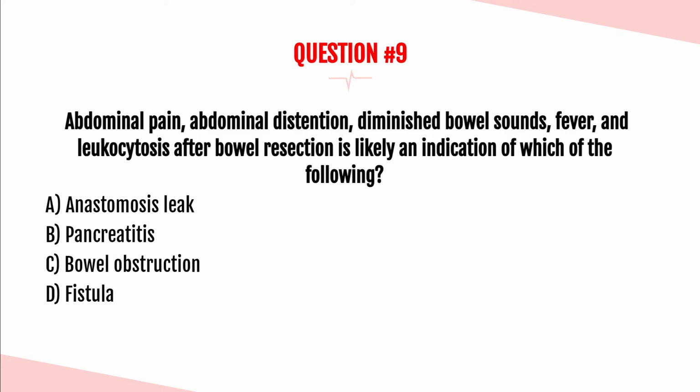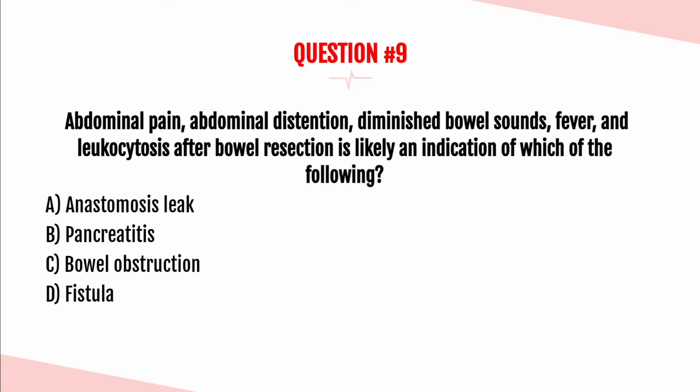Abdominal pain, abdominal distension, diminished bowel sounds, fever, and leukocytosis after bowel resection is likely an indication of which of the following? A, an anastomosis leak, B, pancreatitis, C, bowel obstruction, or D, fistula.